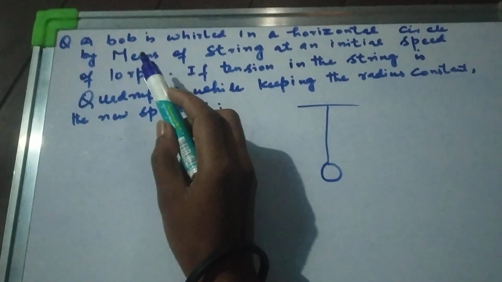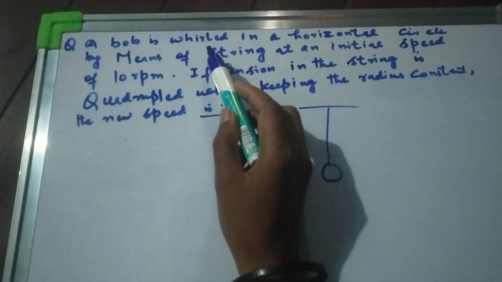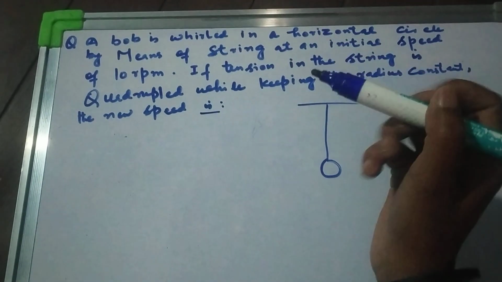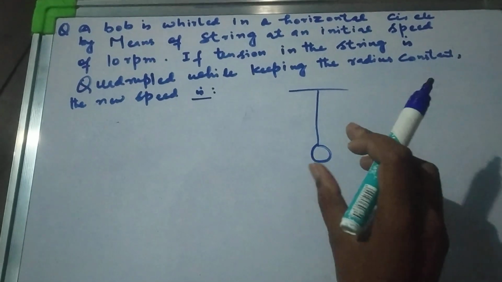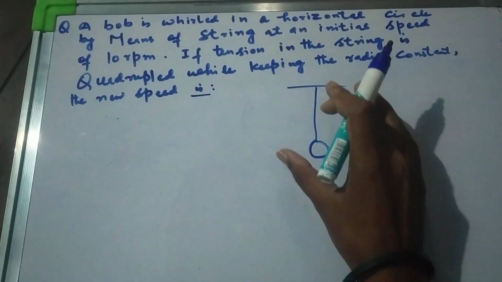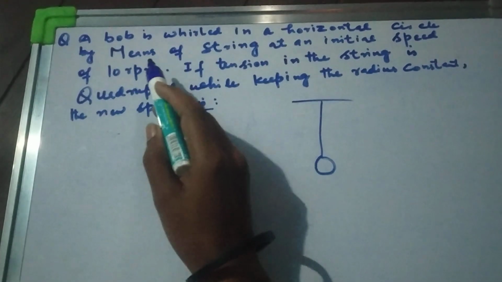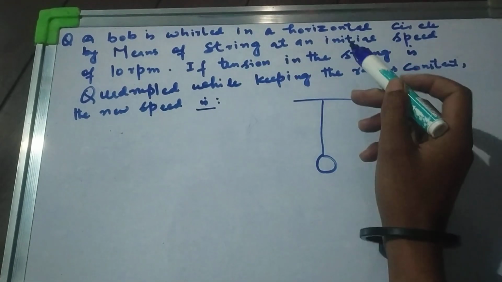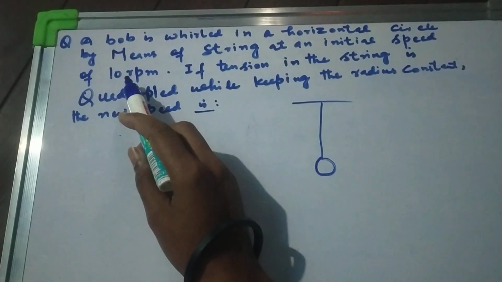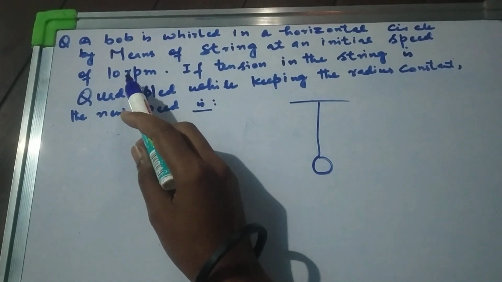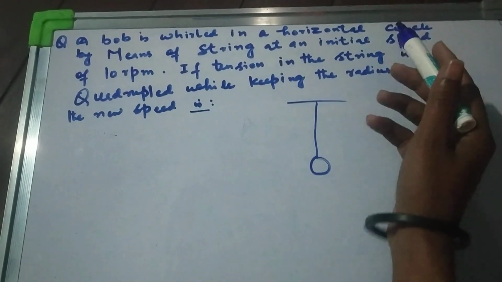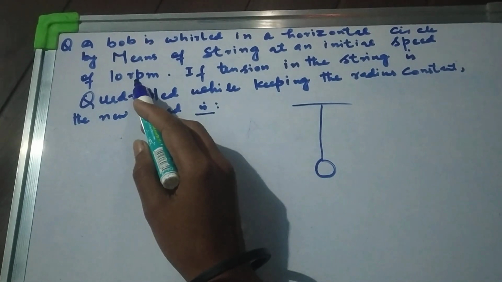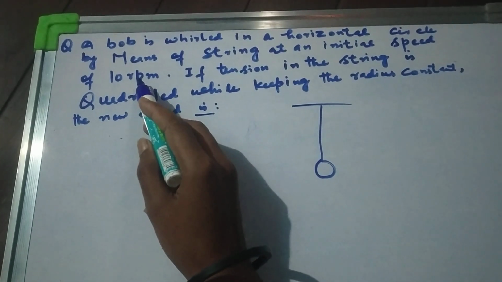The question says a bob is whirled in a horizontal circle. We take a bob like this and hang it by a string at an initial speed of 10 rpm, revolutions per minute.